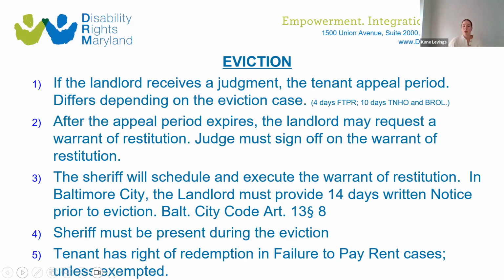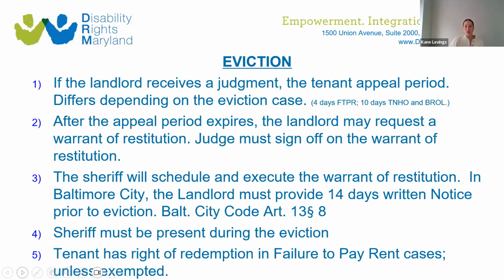So then let's say after the appeal period ends, the tenant has not appealed, the landlord will file a petition for warrant of restitution. The judge has to sign off on the warrant of restitution. Nothing can happen unless the judge signs off on it. Then the sheriff receives the warrant of restitution and schedules the eviction.